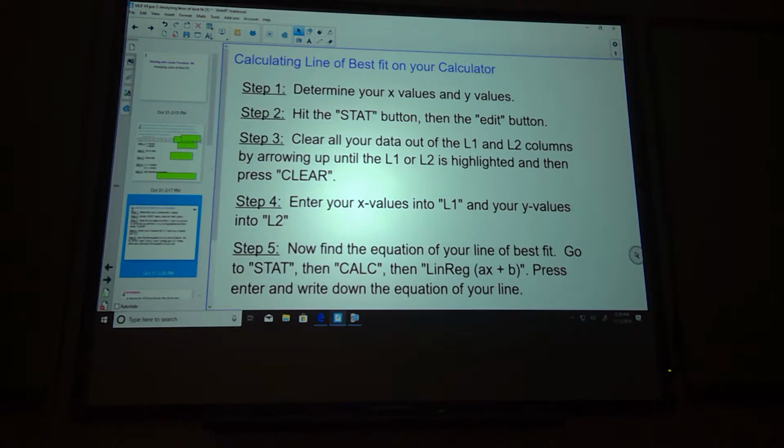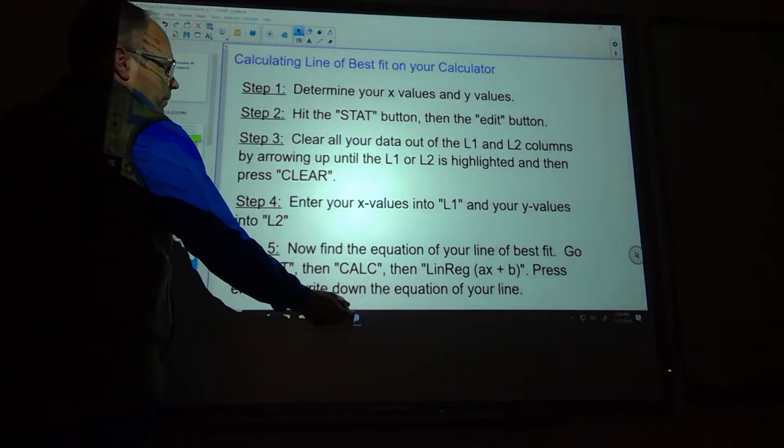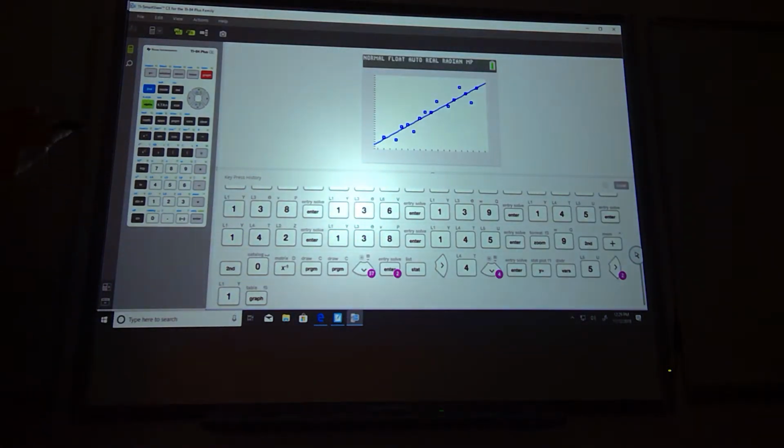So it says, in order to calculate the line of best fit, you determine your x values and y values. You hit the stat button, then you hit the edit button. This is the step-by-step order on that calculator. Clear all your data. So I want to go back to our calculator and start clearing data. Where's the clear button on this calculator?